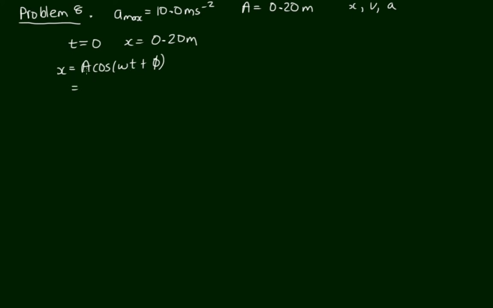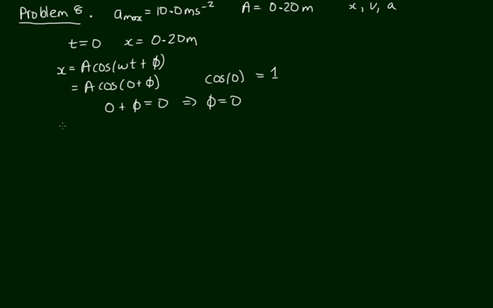So we've got a cos(omega t), where t is 0, so this is 0 plus phi, and this has to have its maximum value. So cos has its maximum value when the angle in here is 0, because cos of 0 is equal to 1. So what we need is for 0 plus phi to be equal to 0. And so that tells us that phi is equal to 0.